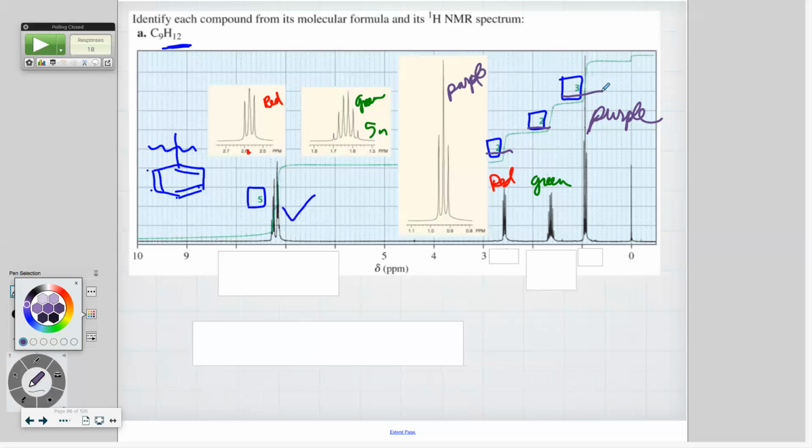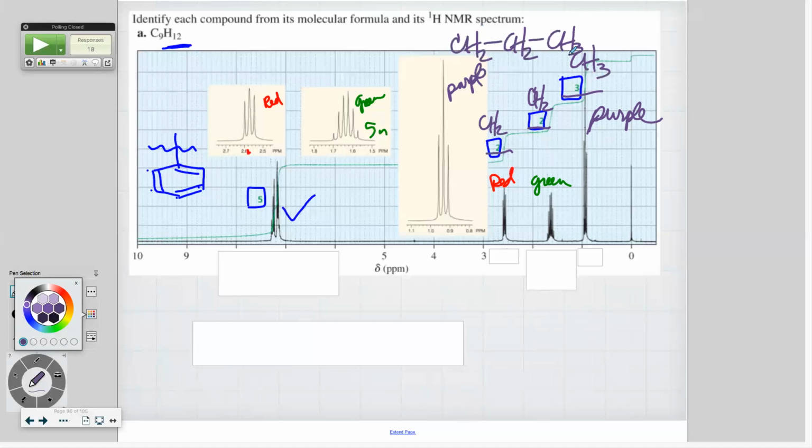Okay, so what would that lead you to think? CH2, and then what? And then okay, can you tell me who's next to who? Okay, the first CH2 is next to the next one, and then this is next to that one. Okay, does that fit the splitting?